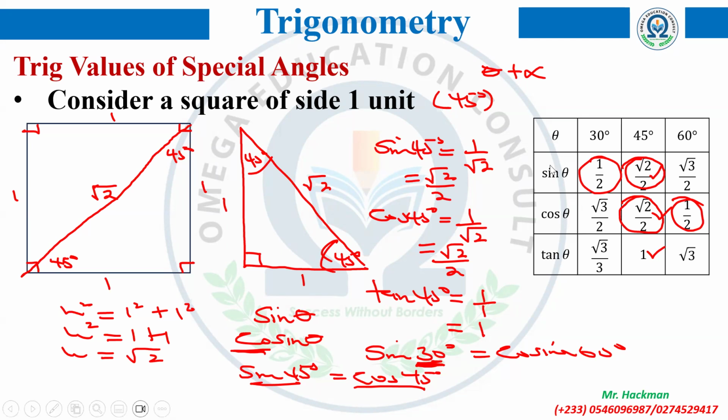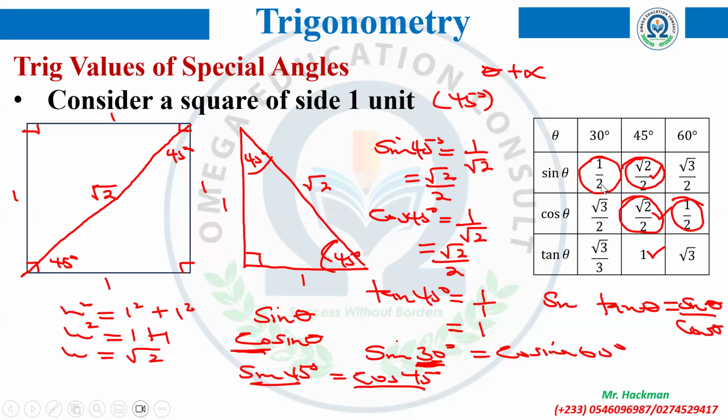However, if you know these two, sine and cos, you can get tan. Because you know the ratio that I told you, that tan theta is equal to sine theta over cos theta. That's a basic identity. So it means if I know sine 30 and cos 30 and I want to find tan 30, I have to divide sine 30 by cos 30.